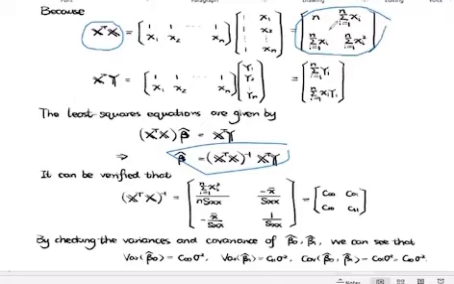And how did this guy form in the first place? It is the transpose of the design matrix multiplied by X. You remember the other time? Take a look at this. Give me one second. I'm going to clean this now.